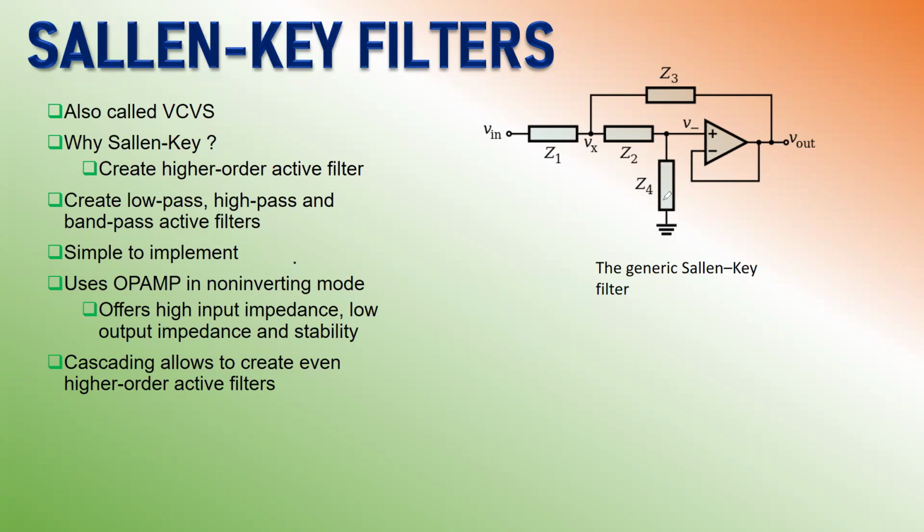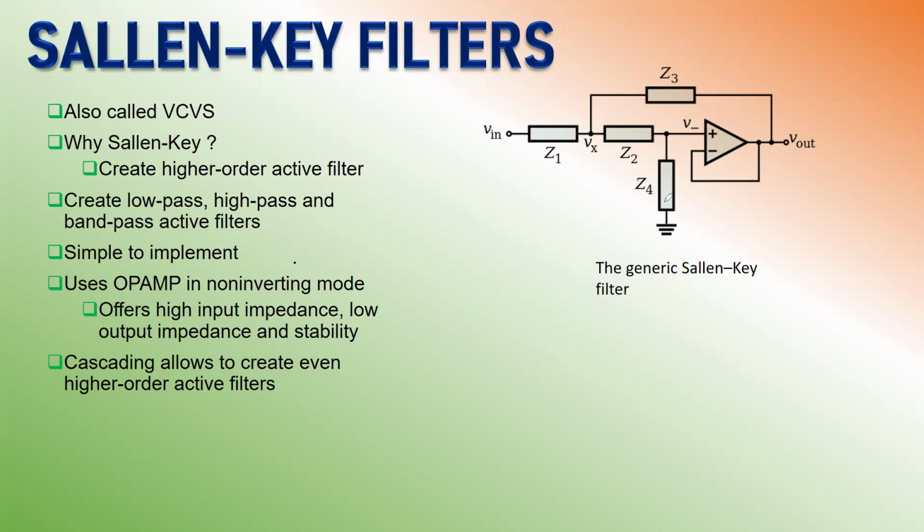Before I tell you what Sallen Key filters are and how they work, you must remind yourself of our previous modules where we covered first order and second order circuits using R and C components and operational amplifiers. If you remember, we covered RC filters to create first order and second order passive filters.